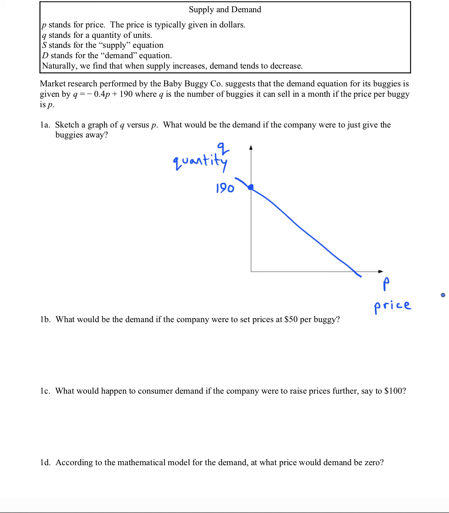Now it says, what would the demand be if the company were to just give away the buggies? Let's find the answer according to the mathematical model. In that case, we would plug in a 0 for the price.